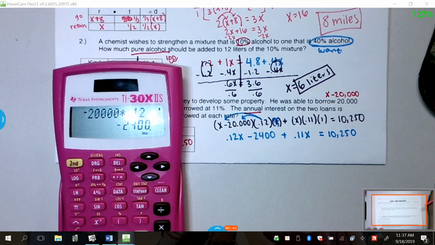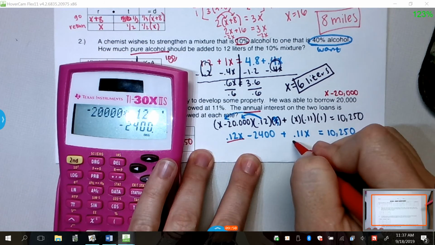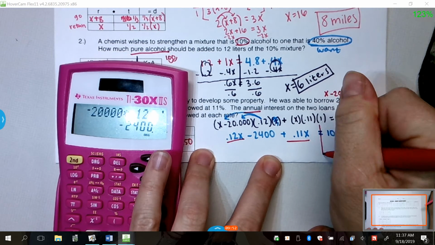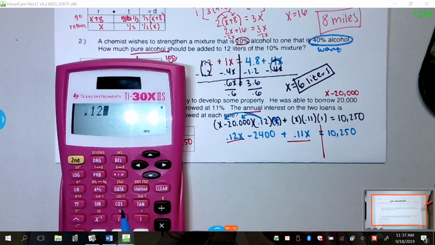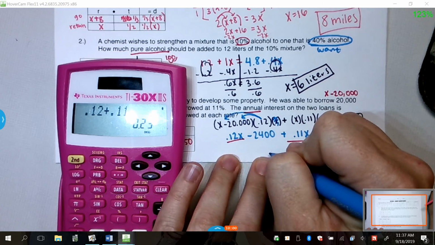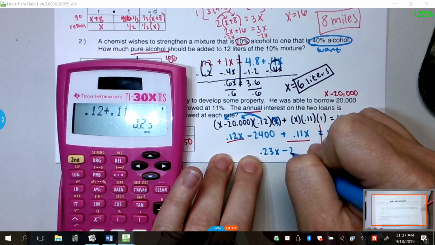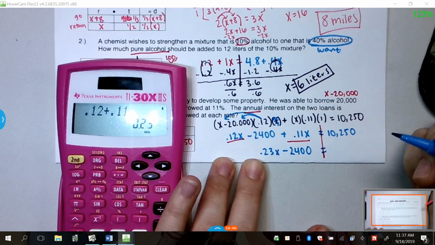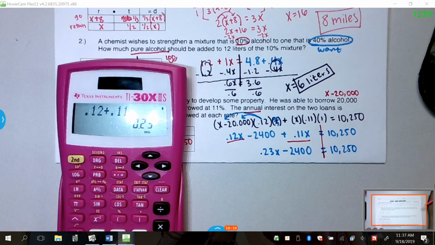Now we're going to combine our like terms. These are both alike because they both have an x. They're also on the same side of the equal sign, so we're not doing opposites. 0.12 plus 0.11 is 0.23, so I have 0.23x minus 2400 equals 10,250.